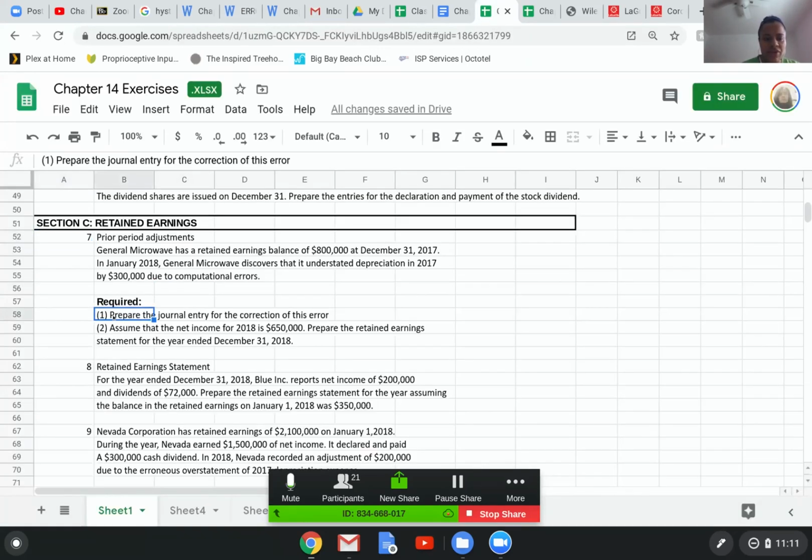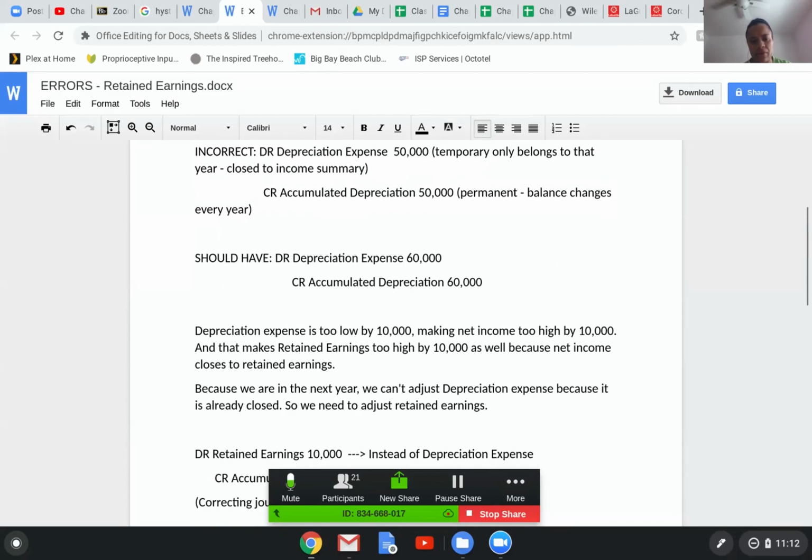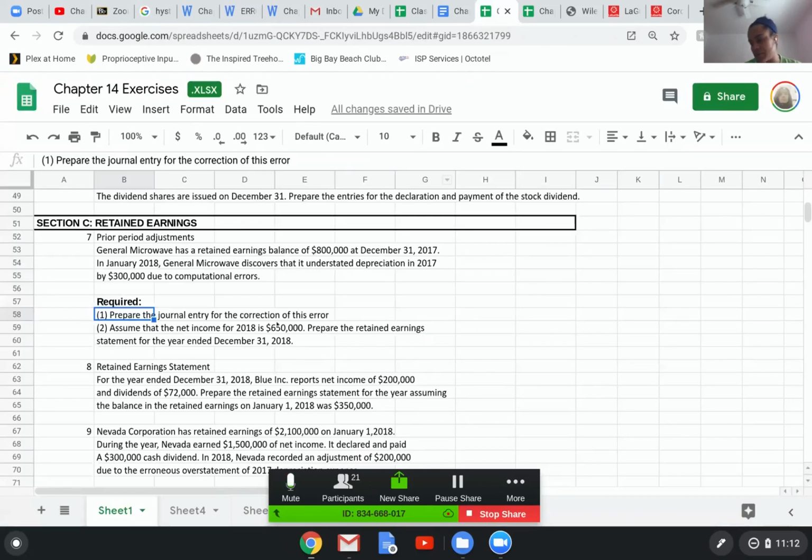So the first question is prepare the journal entry for the correction of this error. I've shown you a journal entry now and shown you an example, so I'm going to throw it out to you guys to try to do the journal entry for the correction of the $300,000 error.